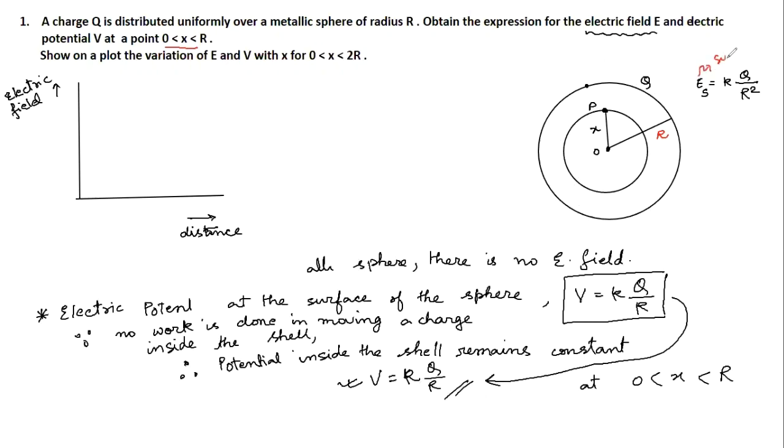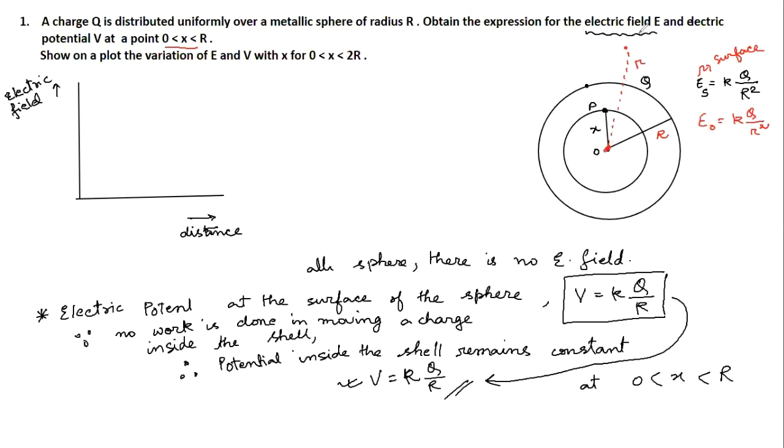And if I consider a point somewhere outside the shell, then what will happen? This electric field is inversely proportional to r square, so it is going to decrease. Outside the shell, if I give this representation E suffix o, you will have this much amount of electric field, kq by small r square. Now this r will be a point somewhere outside the shell, which is again considered from the center O.